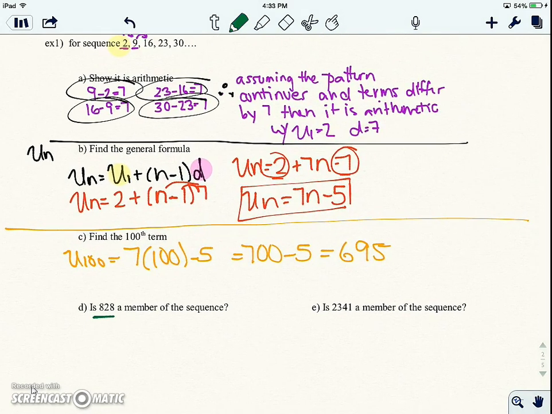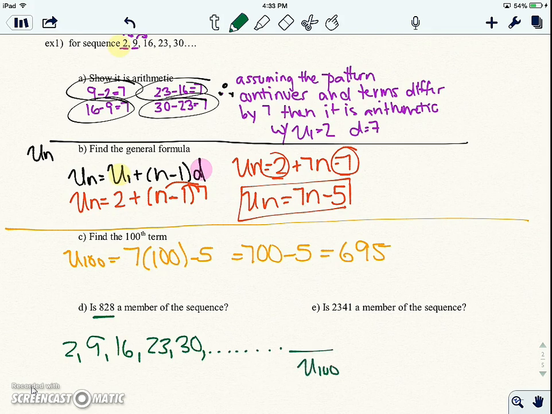So again, if we think about it, the sequence is 2, 9, 16, 23, 30, and so on. We know that the 100th term, or u of 100, is 695. And the question is, if we kept going, would we eventually run into the number 828? Well, we can figure that out by solving for n, and let me show you what I mean by that.